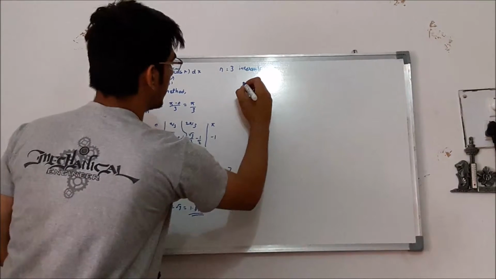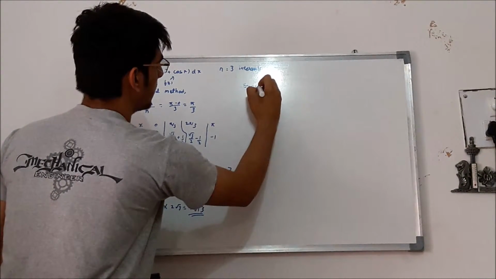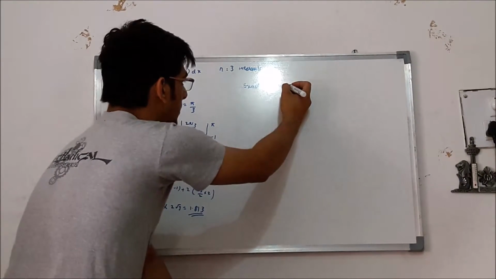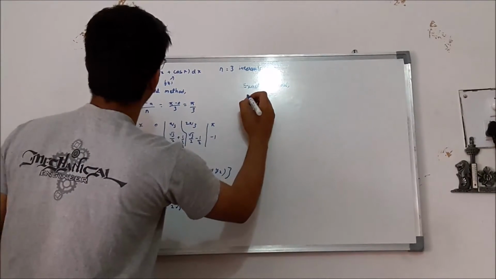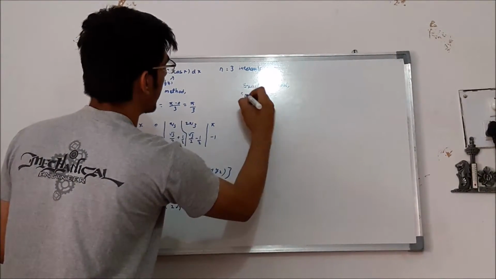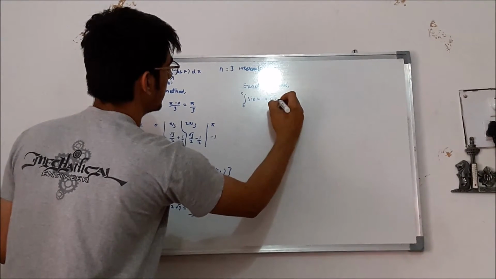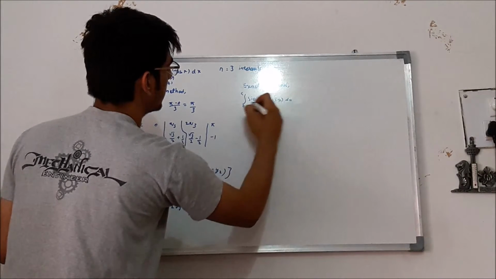Now by the exact method, we have to integrate from 0 to pi sin x plus cos x dx.